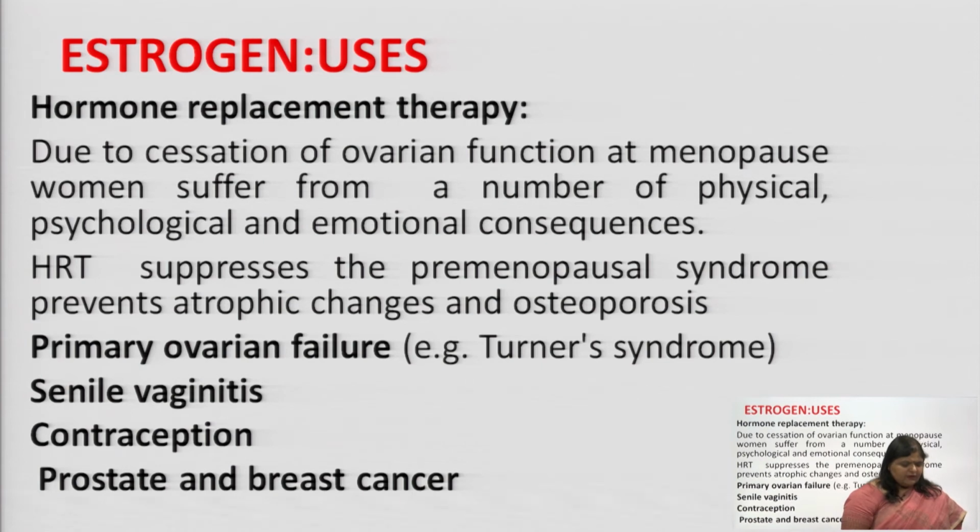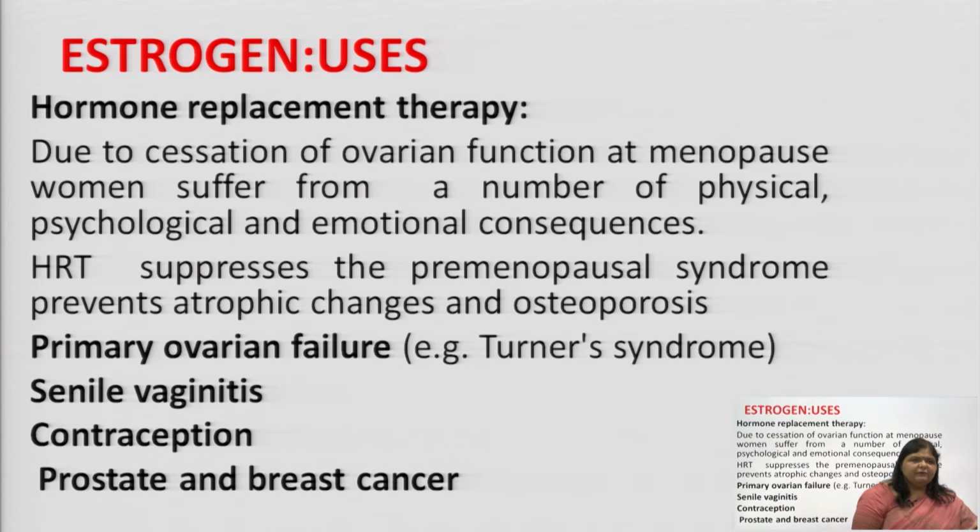Then the drugs are also used in primary ovarian failure, like in case of Turner syndrome, where the ovary is not developed and the female sex hormones are not released. In those cases, estrogens can be used. Then they are also used in severe cases of vaginitis.